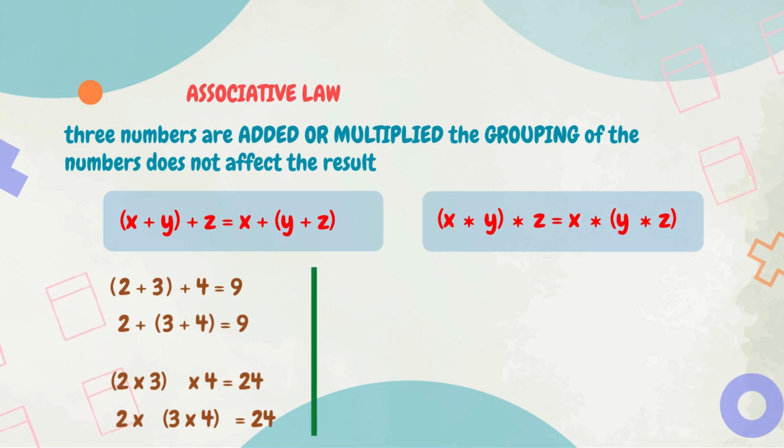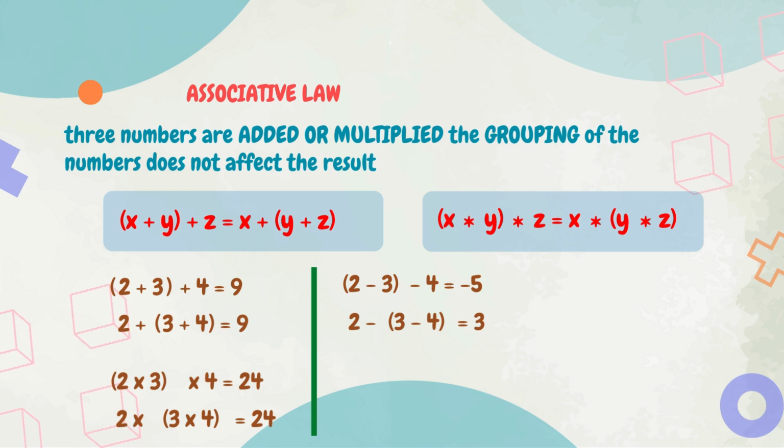How about subtraction and division? When subtracting 3 numbers 2, 3, and 4, 2 minus 3 gives -1, then minus 4 gives -5. However, let's start with 3 and 4. 3 minus 4 gives -1, then 2 minus -1 gives 3. So different grouping when subtracting does not give the same results.